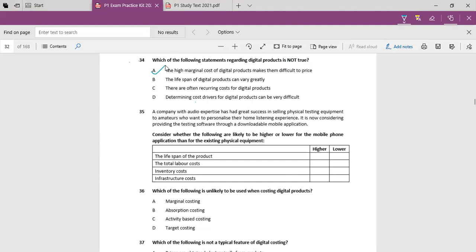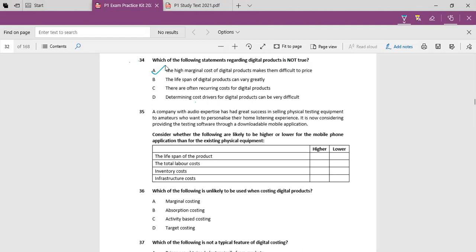So that's an advantage. The high marginal cost of digital products making them difficult to price is not true.